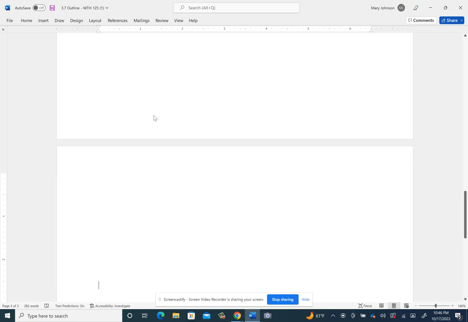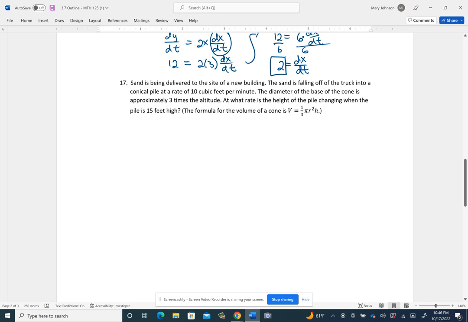All right, so let's read through this question, see if we can figure out what's going on here. We've got sand being delivered to the site of a new building. Sand is falling off the truck into a conical pile. So immediately I want to draw a cone. Okay, there's my cone, a circular base, and then it goes up to a point. The sand is falling off the truck into a conical pile at a rate of 10 cubic feet per minute.